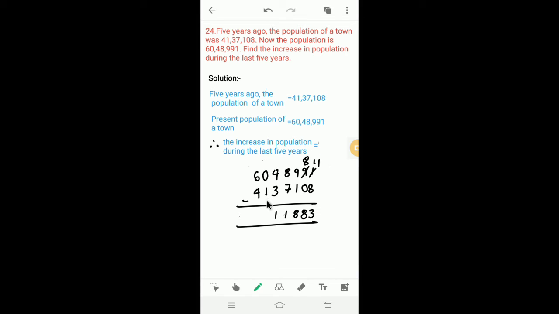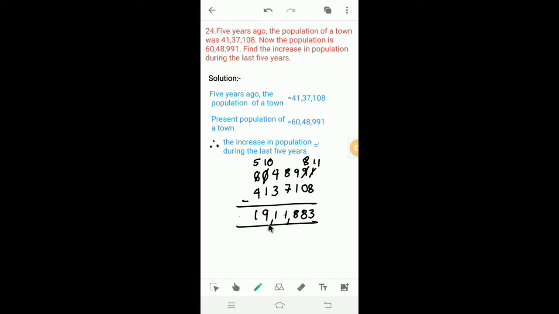0 minus 1 is possible to subtract? No, it is not possible. So what we have to do? We have to borrow from next number. Here next number is 6. If we borrow from 6, then 6 becomes 5 and here 0 becomes 10. 10 minus 1 is how much? 10 minus 1 is 9. 5 minus 4 is 1.